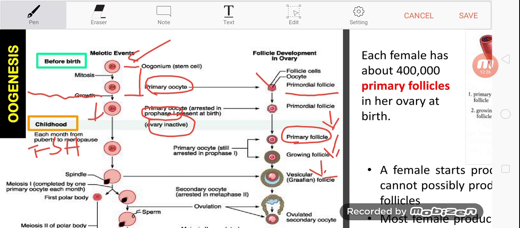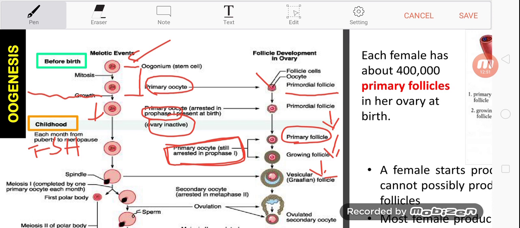So primary follicles grow into secondary follicles, tertiary follicles. We will talk about that in chapter 5. As you can see, once FSH is present, the follicles grow and mature, but the primary oocyte is still arrested at prophase 1.